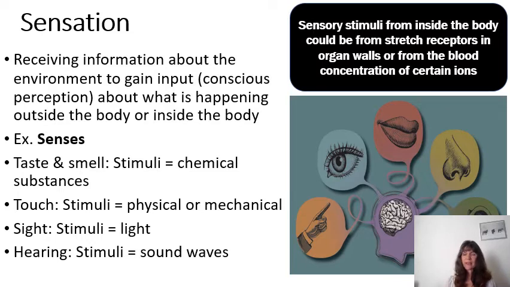Sensory stimuli from inside the body could include different things like stretch receptors in the walls of organs, or muscles or tendons, or from the concentration of different ions in the bloodstream.